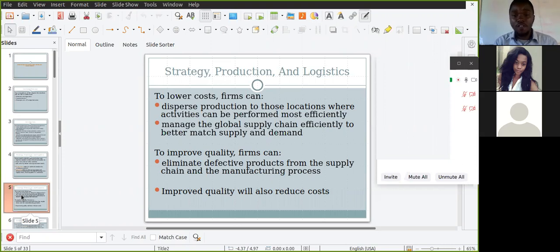Trust me, if the departments in your firm do not have a good communication system, efficiency is not going to be met because it's going to take longer for you to know each and every thing that is happening at every stage.